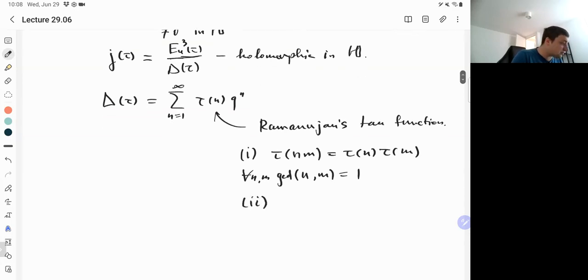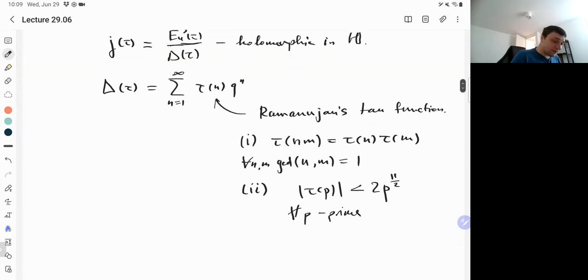And another thing is, he looked at the values for prime numbers, and I think he also made a more general conjecture for arbitrary numbers. He noticed that curiously, they always seem to satisfy this inequality, in fact a strict inequality, for all prime numbers p.